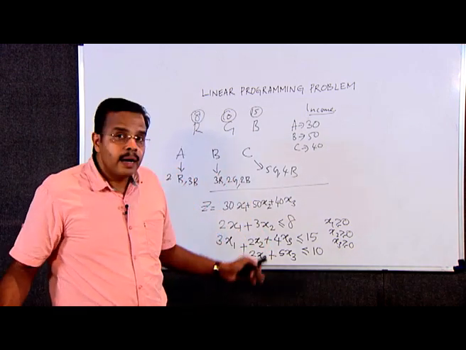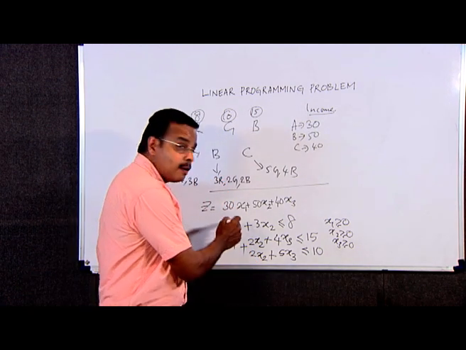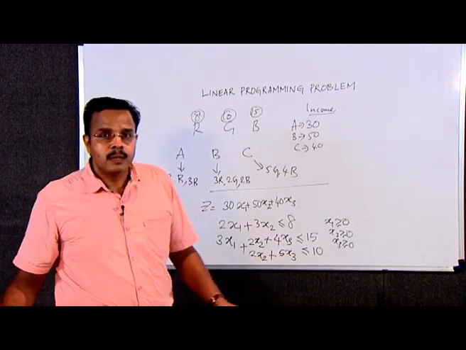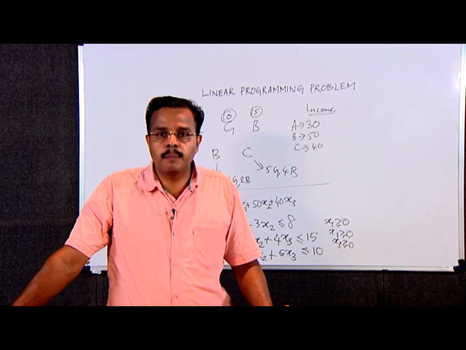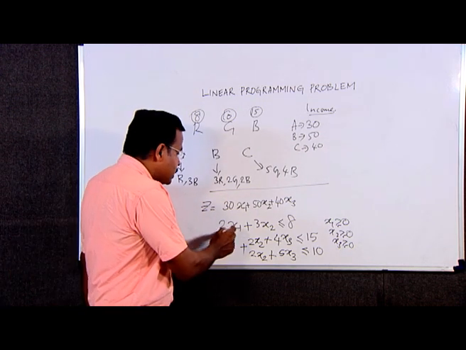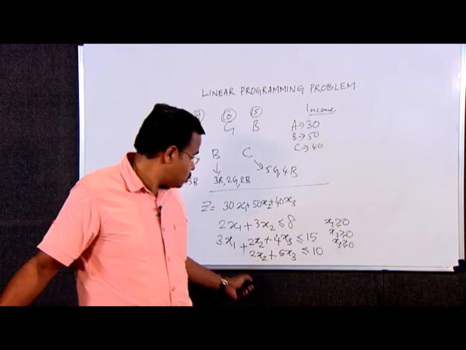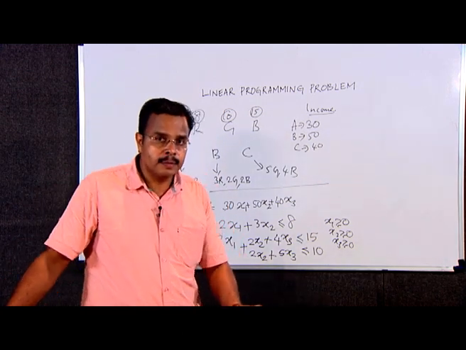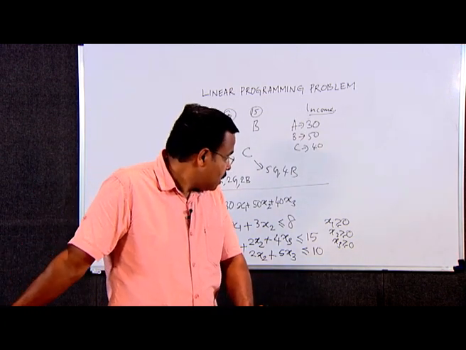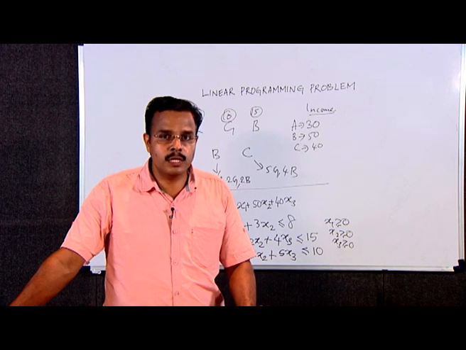Hence, the problem can be formulated mathematically as: find three real numbers x1, x2 and x3 so as to maximize 30 x1 plus 50 x2 plus 40 x3 subject to the restrictions 2 x1 plus 3 x2 less than or equal to 8, 3 x1 plus 2 x2 plus 4 x3 less than or equal to 15 and 2 x2 plus 5 x3 less than or equal to 10, under the condition x1 greater than or equal to 0, x2 greater than or equal to 0 and x3 greater than or equal to 0.